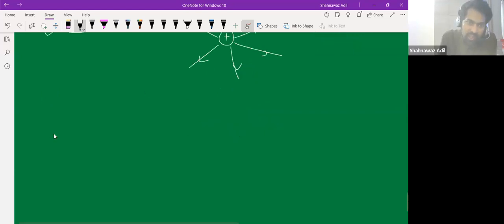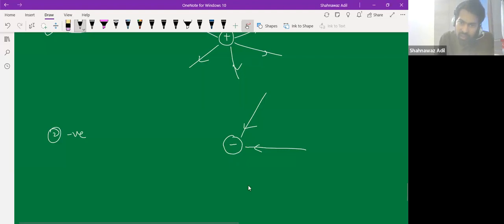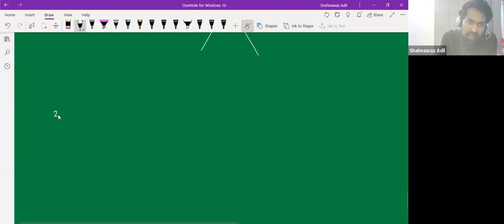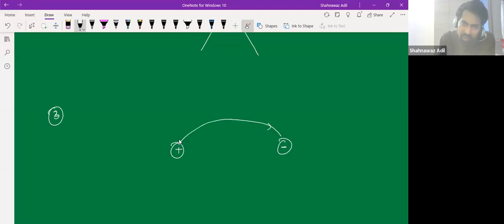And for the negative charge, electric field lines are falling on this negative charge, so that would be incoming. And let's say we have two charges, positive and negative. From the positive one the lines will come out, and they will fall perpendicularly on the negative one, right?